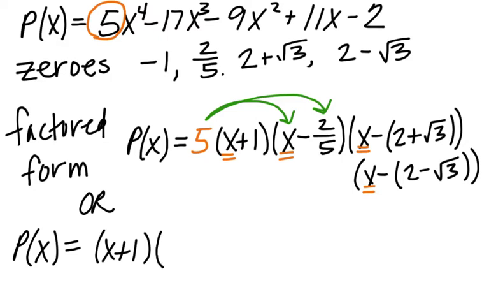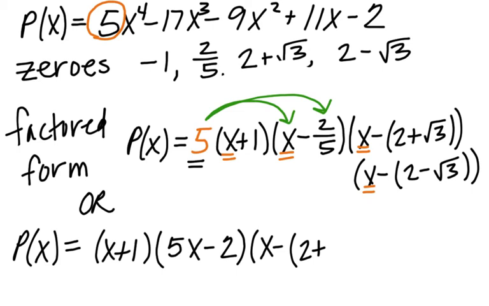What would result would be the factor 5x minus 2. So rather than writing the factor x minus 2/5 and then including the 5 in front as our leading coefficient, you could actually write the factor as 5x minus 2. And then all the other factors remain the same. So this would be our second alternative for writing the function in factored form, where we have 4 linear factors.